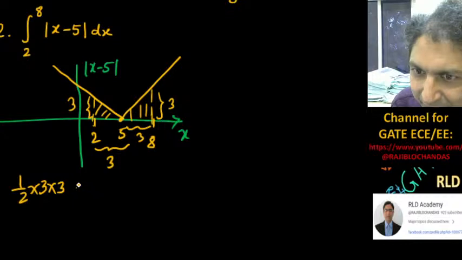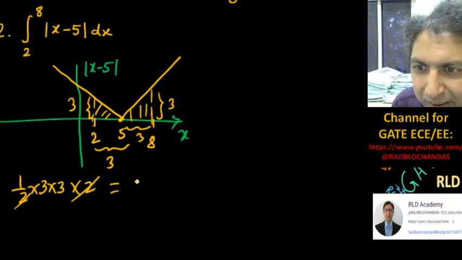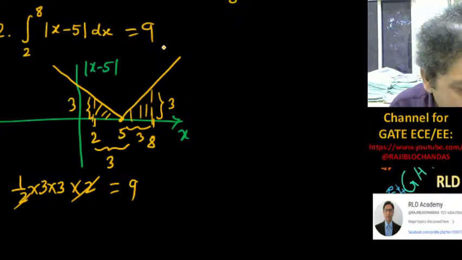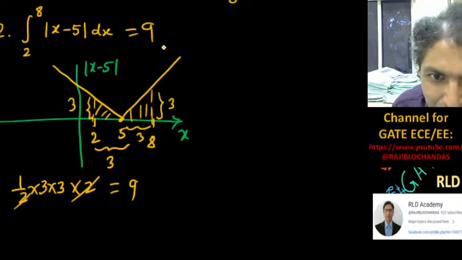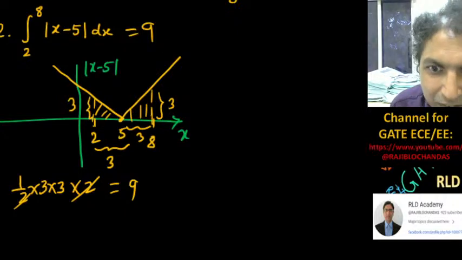Again it is the same thing, so I can multiply by 2. The 2 will cancel out. So 3 into 3 is 9, its value is 9. Okay, so it's very easy to compute this kind of problem. Let us move further.